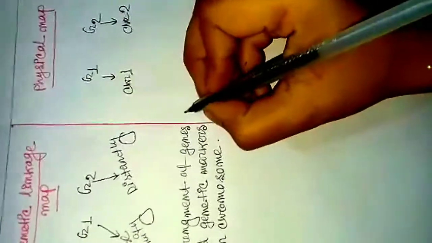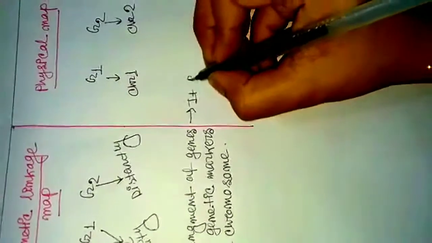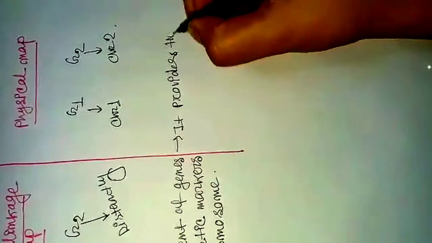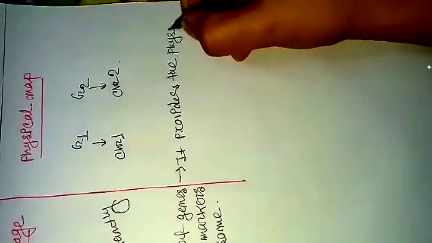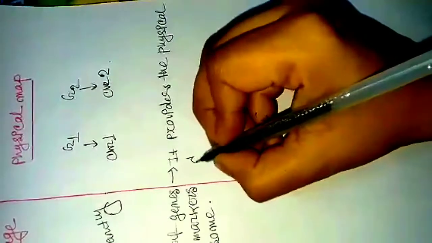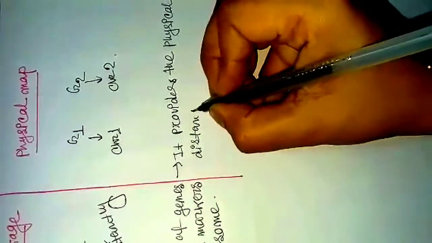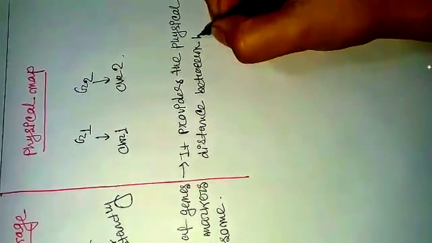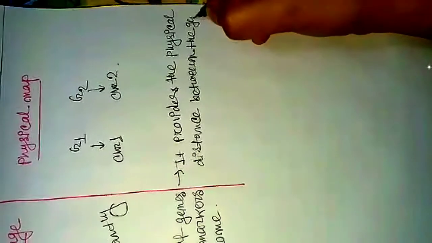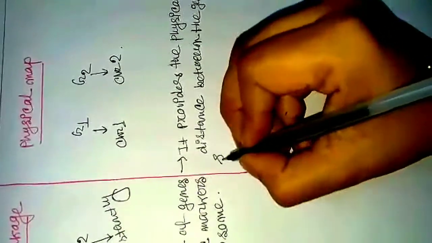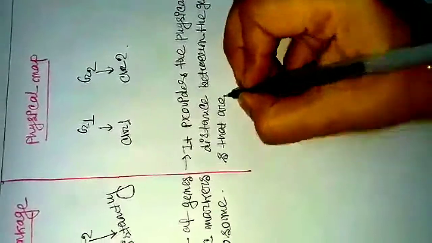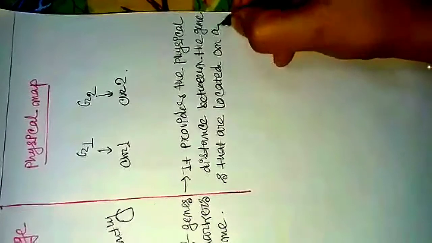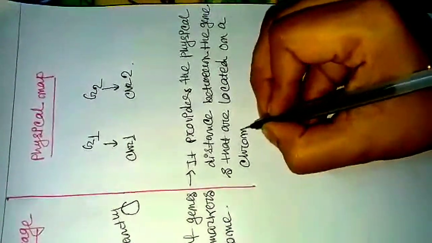And in case of the physical mapping, it provides the physical distance between the genes that are located on a chromosome.